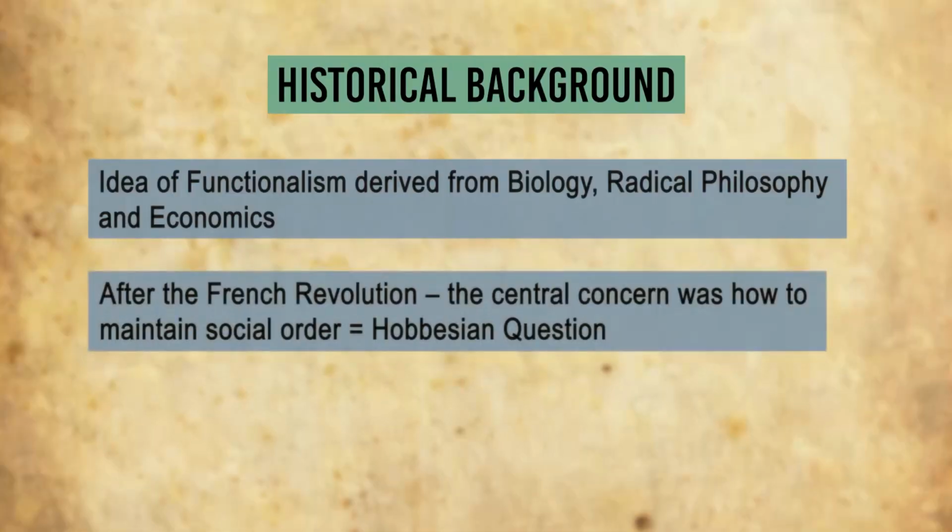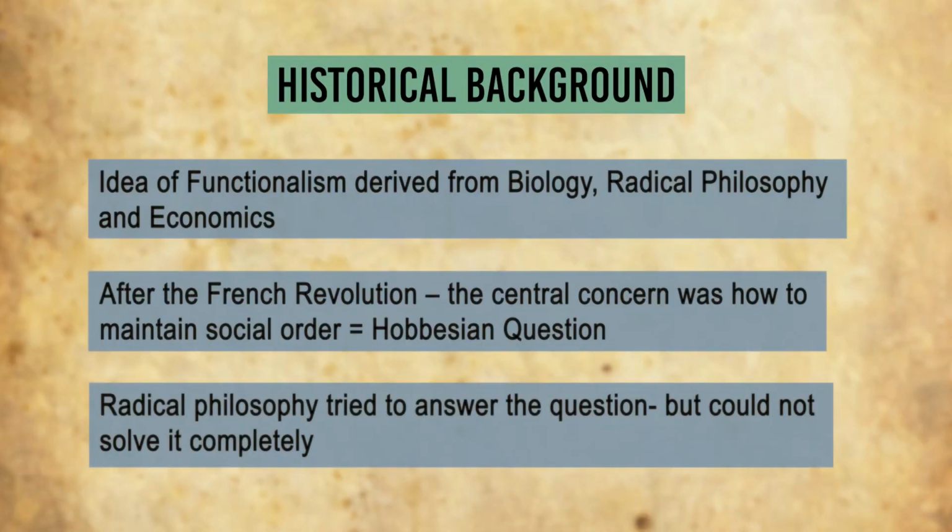People in a state of chaos after the revolution were obviously very confused, and the question that was bothering them was what we call the Hobbesian question: how to maintain social order, how to bring back the society to an equilibrium state.